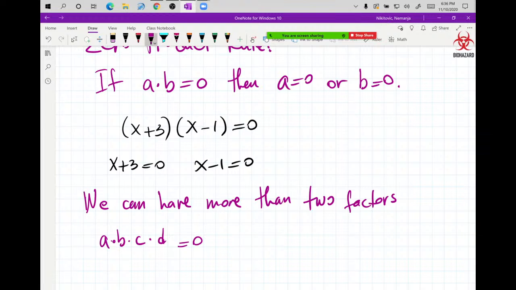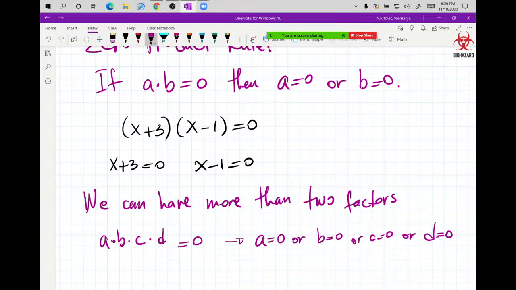And then over here you say it's A equals 0 or B equals 0 or C equals 0 or D equals 0. So all of those, but for the purposes of the problem, all I need to do is to set each factor, each parenthesis that I get, set that one to 0.